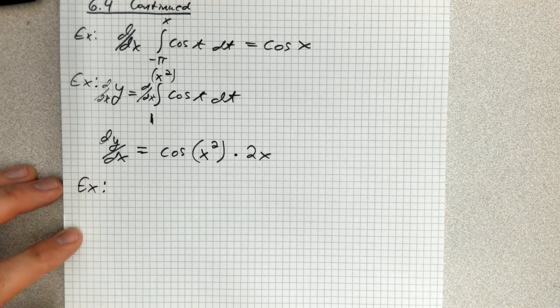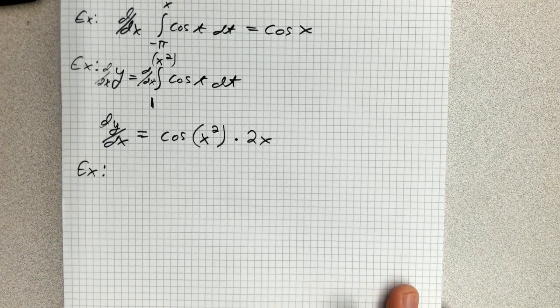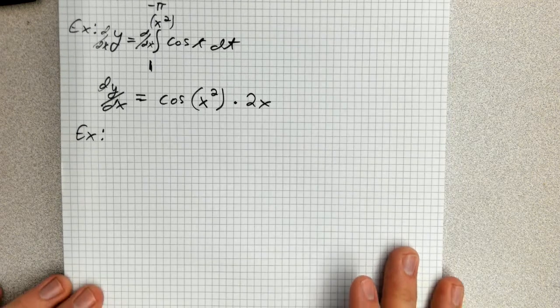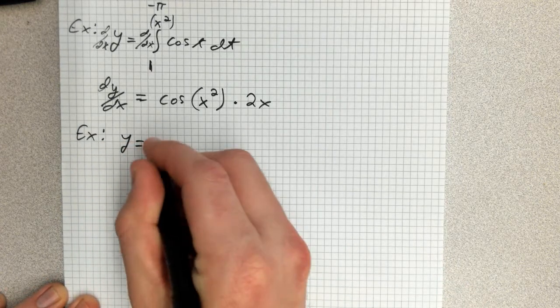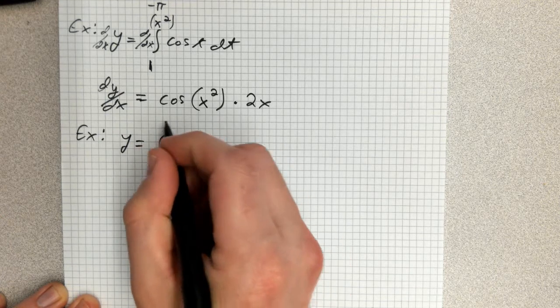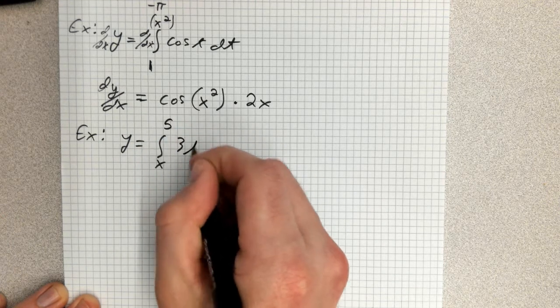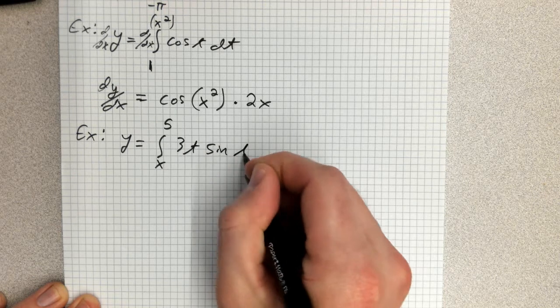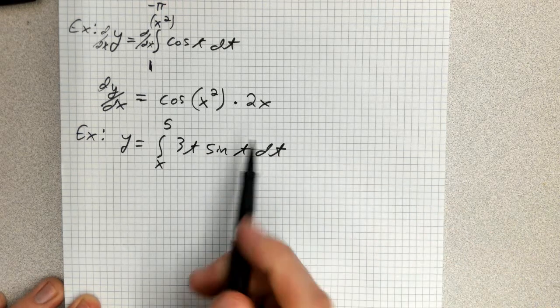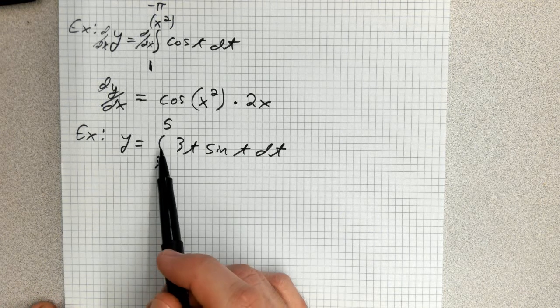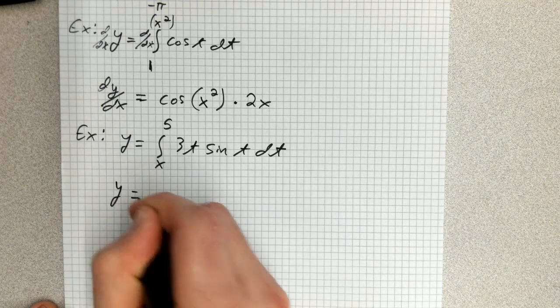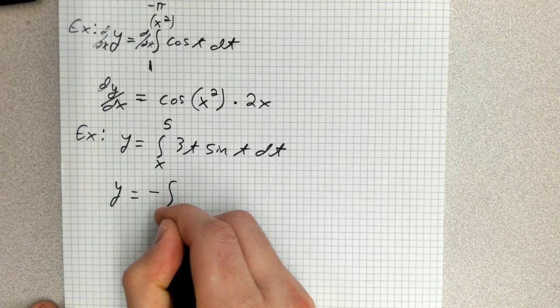If the function is presented in this way, y equals the integral from x to 5, 3t sine of t, for example, dt. Then you have to put it in standard form before you take the derivative. So y would be the negative of the integral from 5 to x.